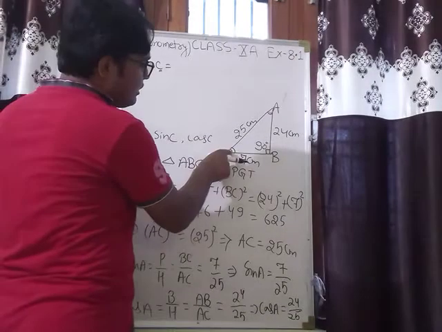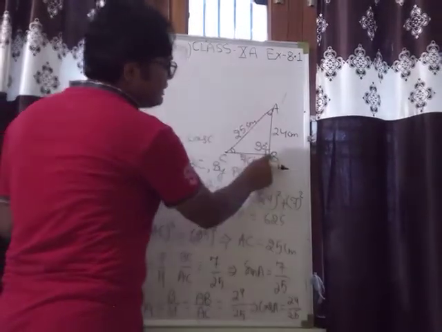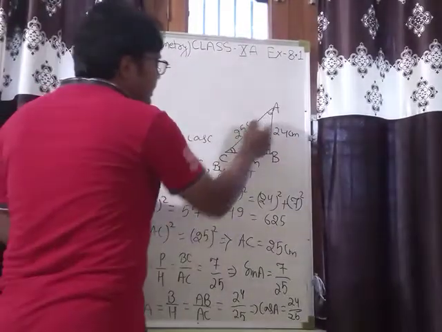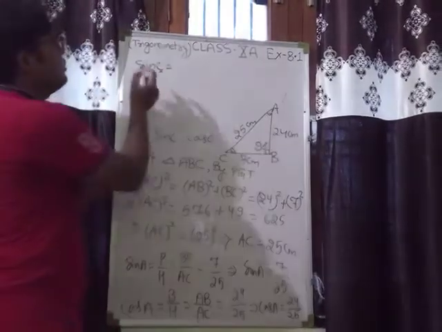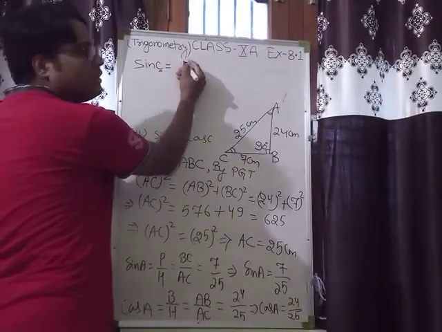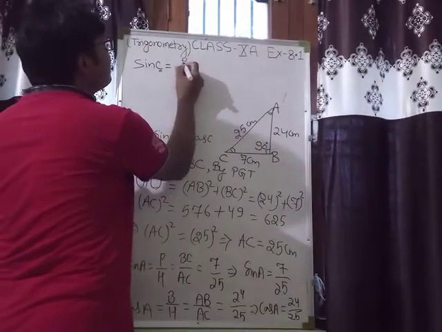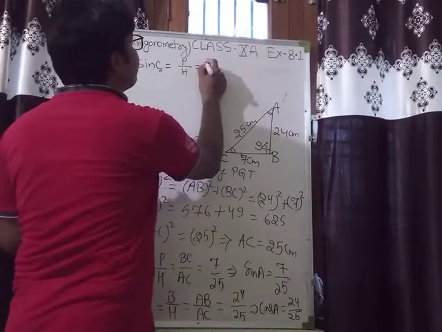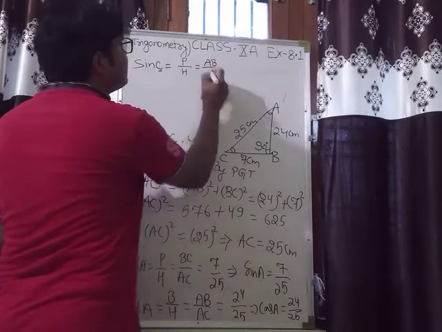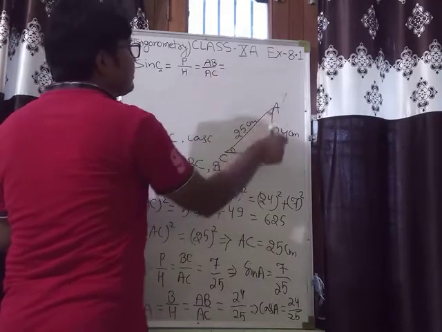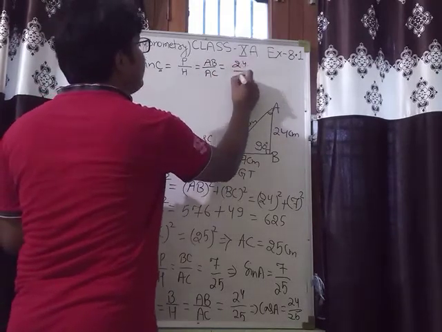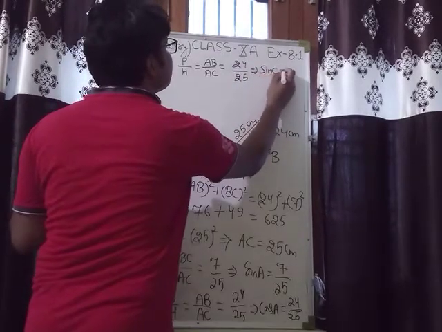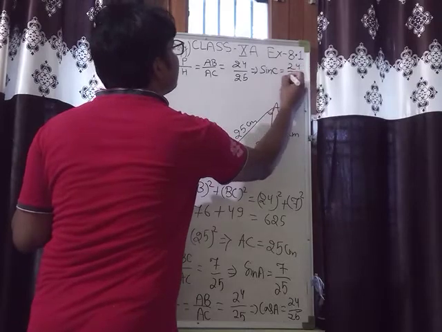And side adjacent to this angle C, that is CB, will be base. And AC is hypotenuse. We know that sine of any angle is perpendicular by hypotenuse, but in this case perpendicular is AB and hypotenuse is AC. Clearly that will be 24 by 25. So from here we have sin C is 24 by 25.